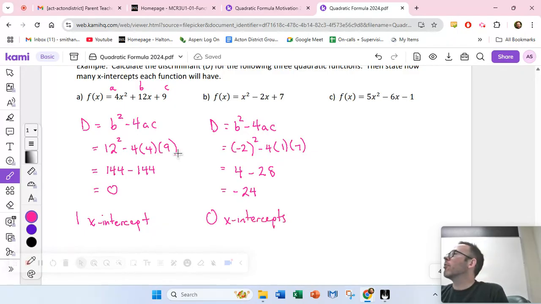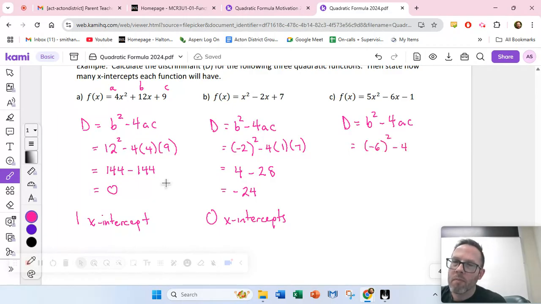Did you guys get that too? Okay, I got a nod. We're good. And lastly, I bet it's 2. Careful with negatives. Negative 6 all squared is positive 36.